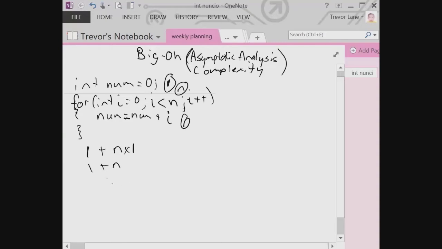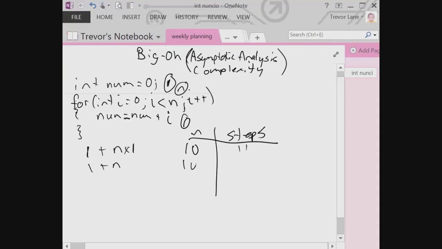Now the question is, what does it matter? So let's think about this in terms of input. Let's say, for example, n is the value 10. What you're going to end up with for a number of steps is 1 plus 10, which is going to be 11 steps. Let's make a quick little chart here.